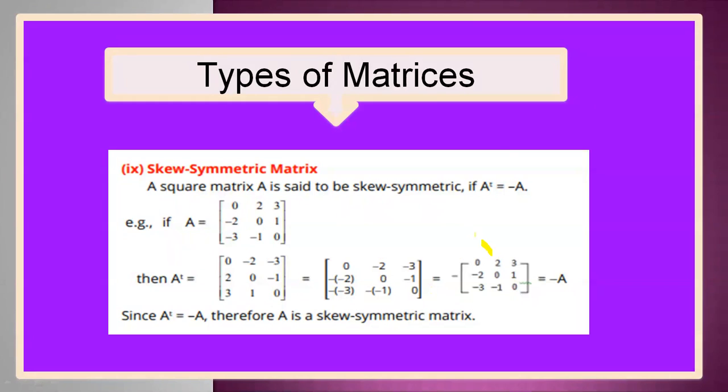This should be the same as the previous one. How are we getting it? Not only by the transpose. First I make the transpose and then change the sign. That's why it's skew symmetric. Skew, not the screw. In mathematics, we are changing the sign, and that's why it's called the skew symmetric matrix.